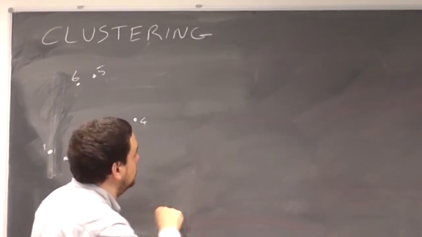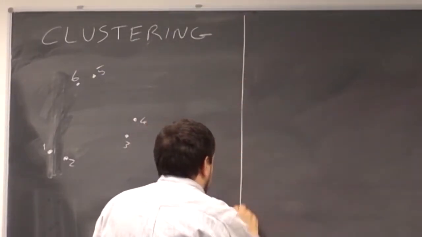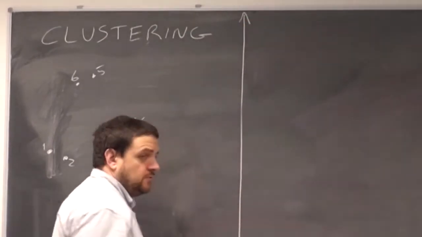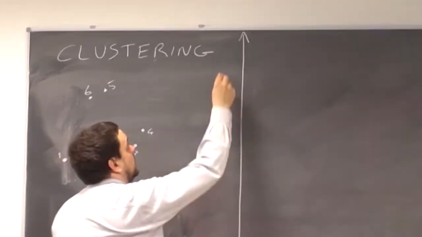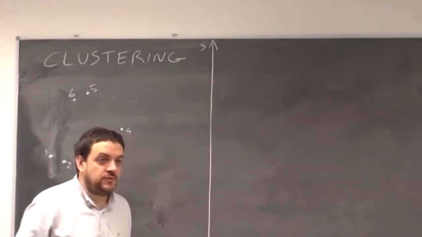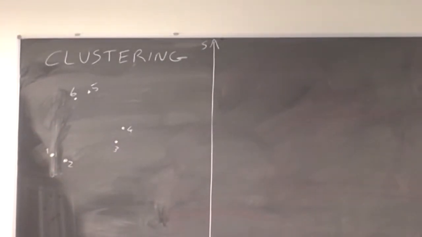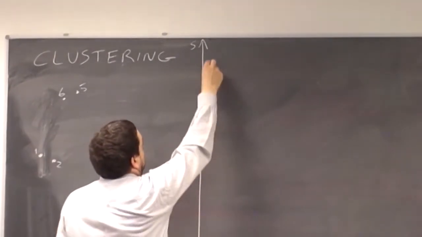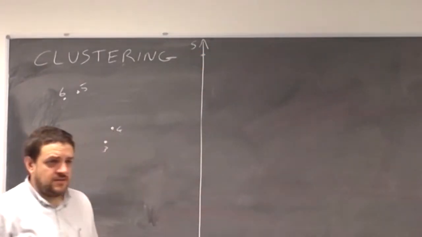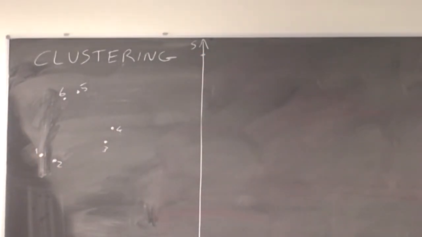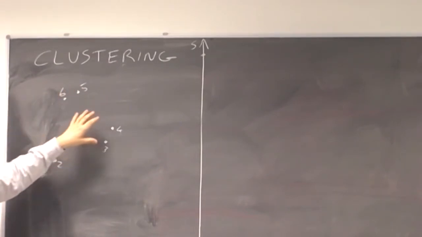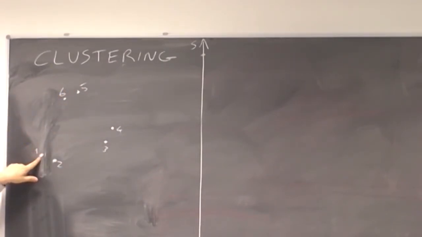In some sense, what the algorithm is doing is this. Suppose that we have a scale of similarity between elements. The highest similarity is between each element and itself.